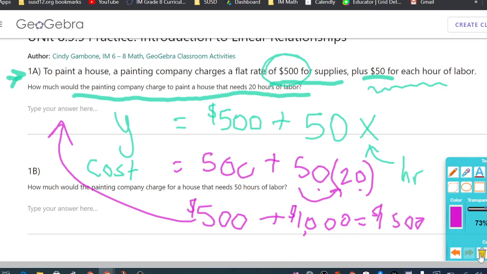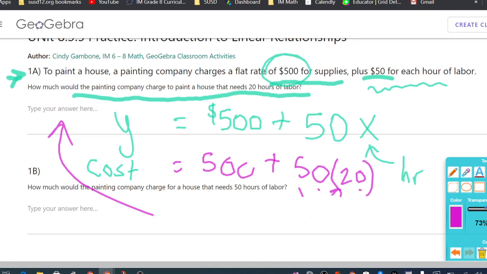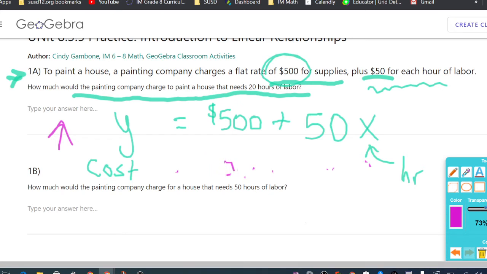Now, let me erase some space here, and I'll answer question 1B. I need a faster eraser. Okay, I'm ready. Question 1B. How much would the painting company charge for a house that needs 50 hours of labor? Okay, remember, Y is the cost that they're going to charge their customers.